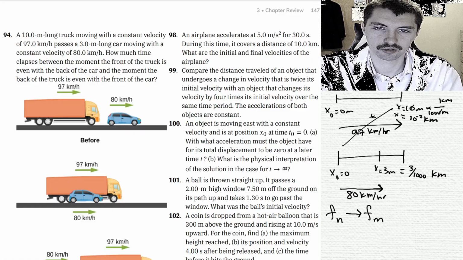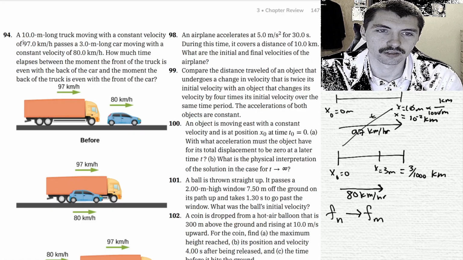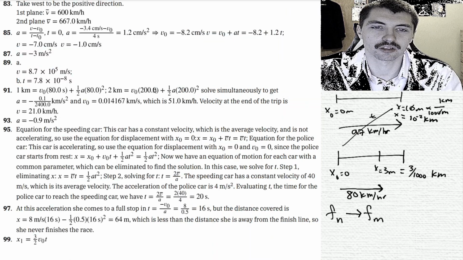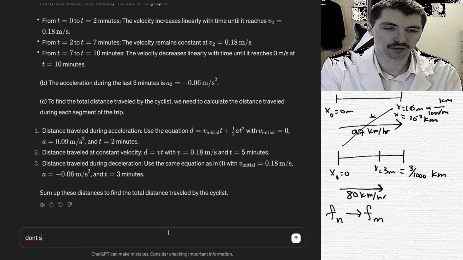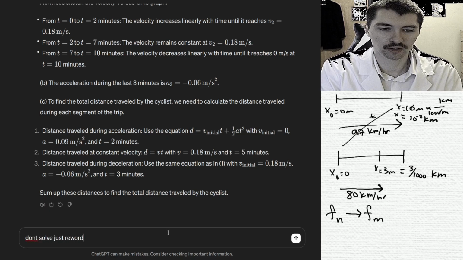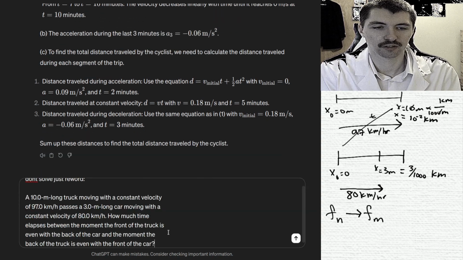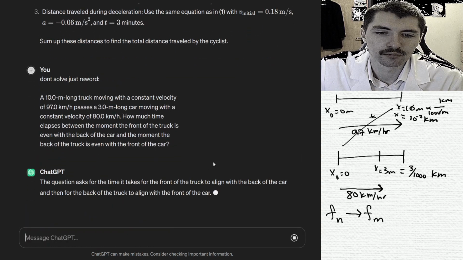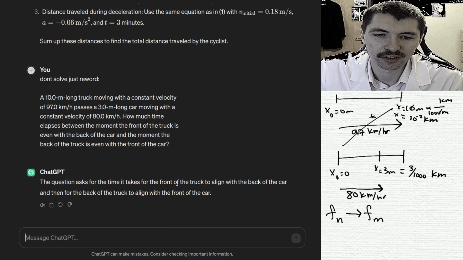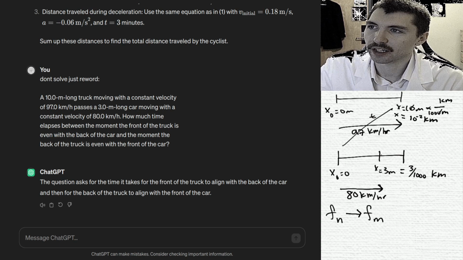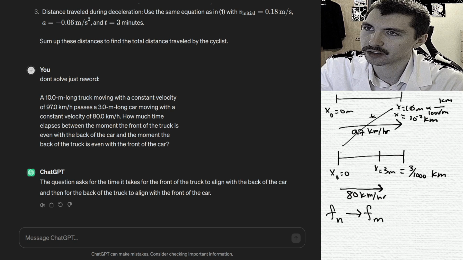So maybe I can just reword it. The question asks for the time it takes for the front of the truck to align with the back of the car, and then for the back of the truck to align with the front of the car. So we know x naught globally is 0.